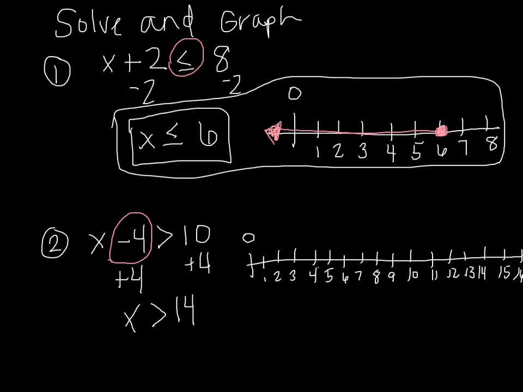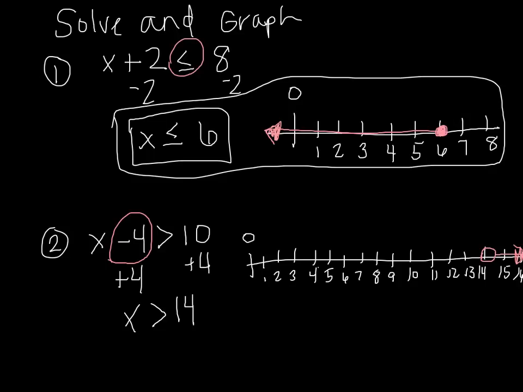Okay. So now I need to look. Is my circle going to be open or closed? I know my circle is going to be open because there's no equal sign, so I'm going to find 14 and draw an open circle around that line on 14. Now you know x is going to be greater than 14, so I need greater than, so I'm going to go to the right.